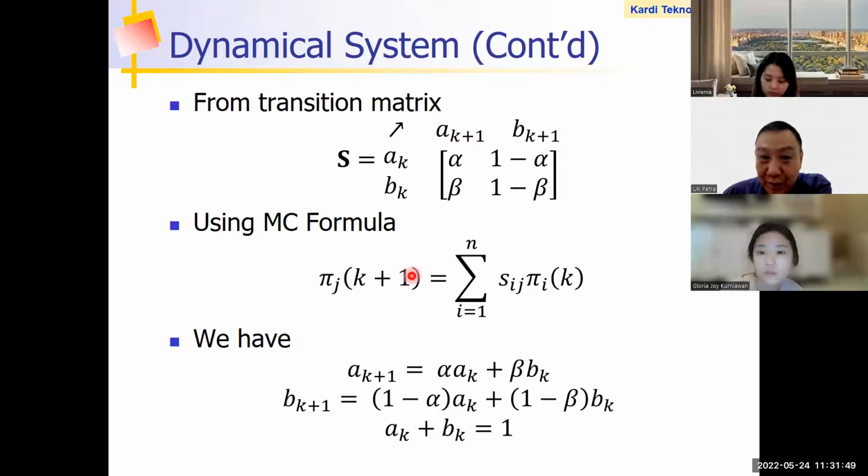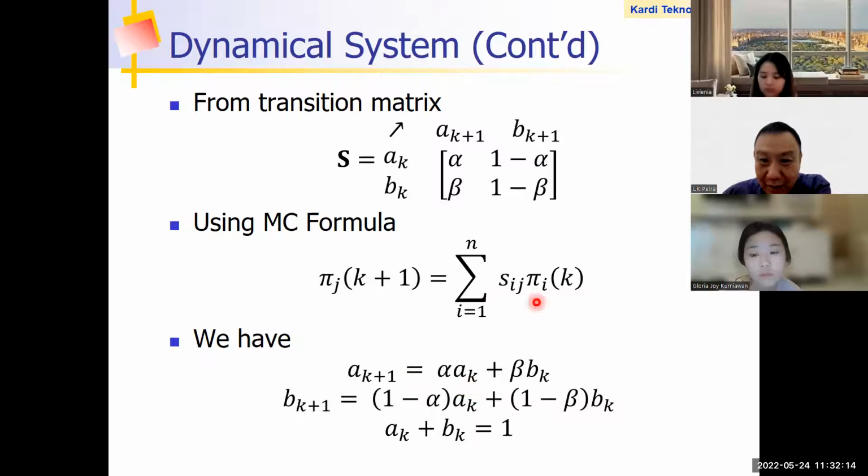Right. So you know the Markov chain formula. This is the one that I gave a while ago. So then we can just put in. Yeah, very easy. So that means A_(k+1) is equal to what? Alpha, this is S_ij, right?